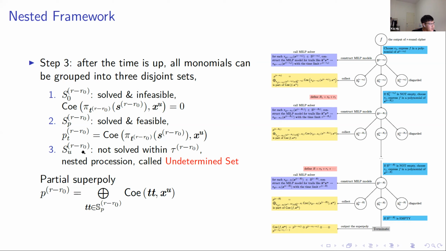And the third set contains those monomials which are not solved within the time limit. So we have to process this set in the following steps, and this set is called the undetermined set. In this step, we can recover a part of the superpoly.